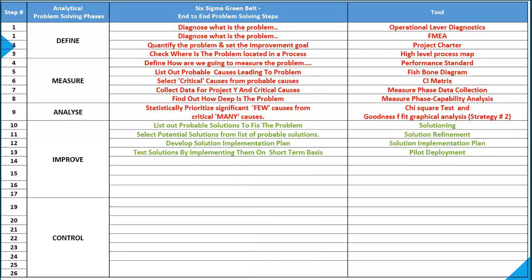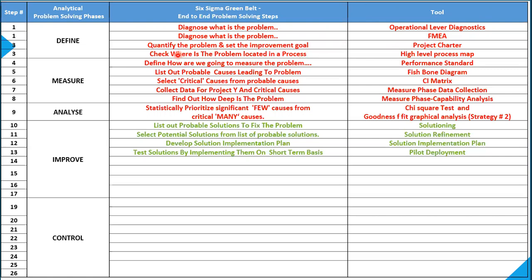Right. So in the define phase, we started finding out the different possible problems, and then we prioritized problems with the help of operational lever diagnostics or FMEA. Then we quantified that problem and set the improvement goal, and documented it in the project charter. After that, we located the problem.